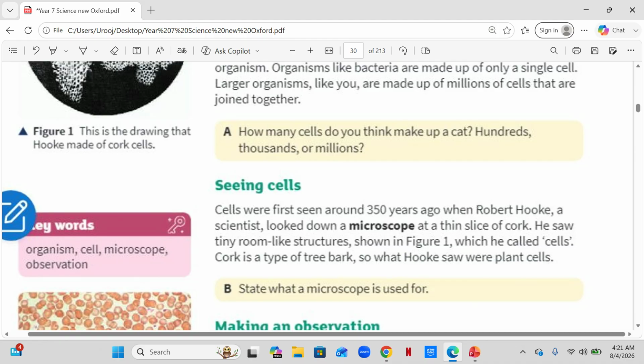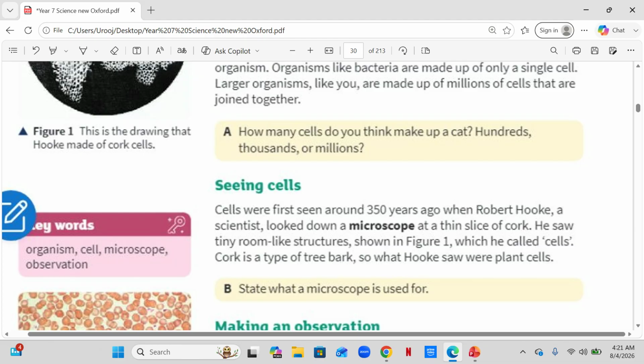You all know that cork comes from the bark of a tree, right? So when he looked through the microscope, he noticed many tiny box-like compartments. These compartments reminded him of the small rooms where monks lived, which were called cells. So he named them cells.